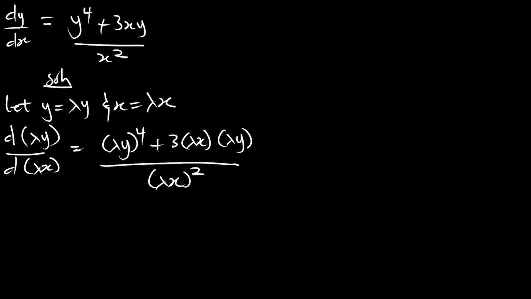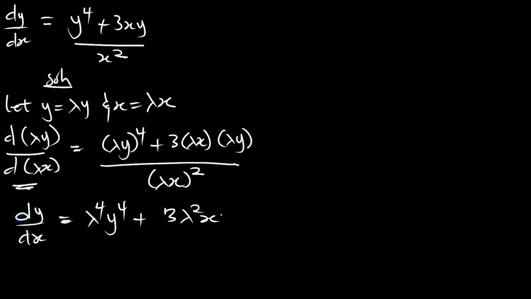From this side we are going to get our dy/dx to be equal to, let's do the expansion, lambda to the fourth power y to the 4 plus 3 lambda square xy, everything on x square lambda square.